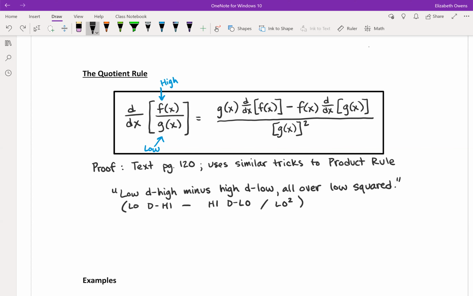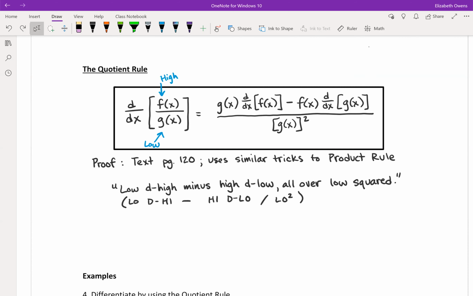And, you know, again, if that doesn't jam with you, then Google this. There are other ways, I'm sure, to memorize the quotient rule. The way I memorized it back in the day, I actually didn't even learn the low d high thing.